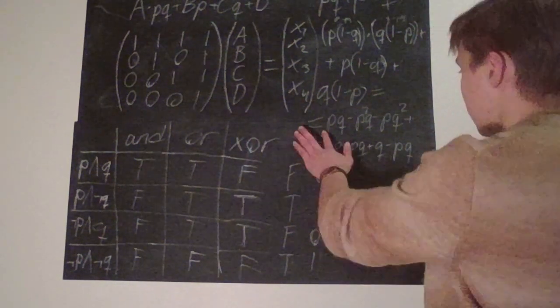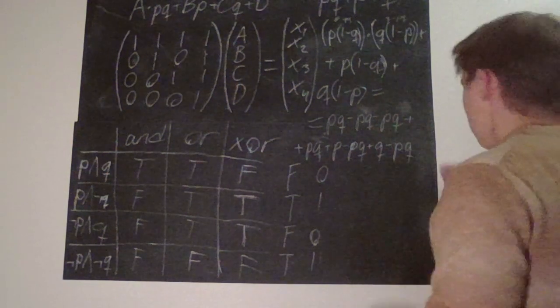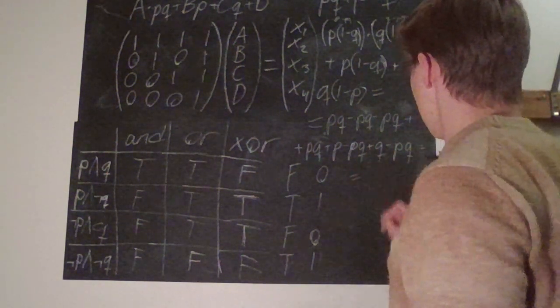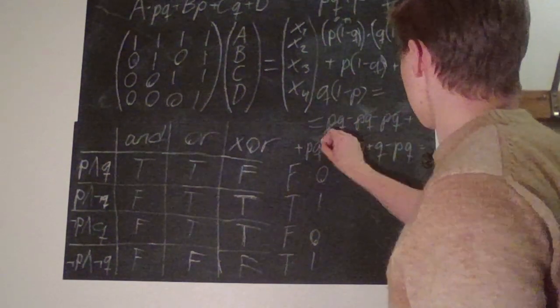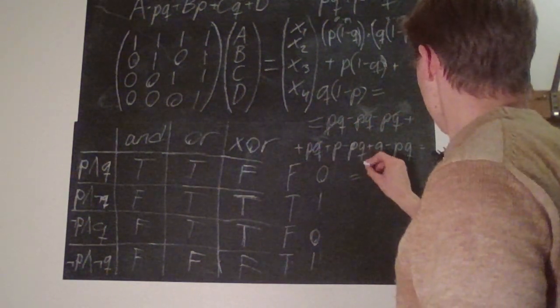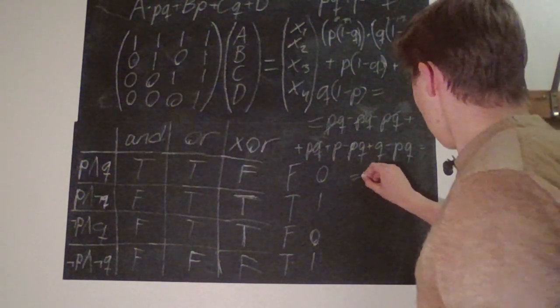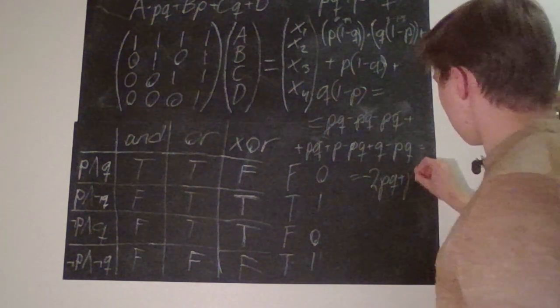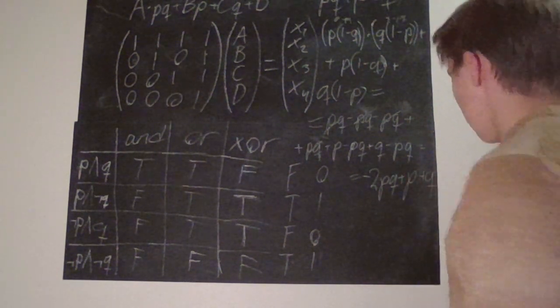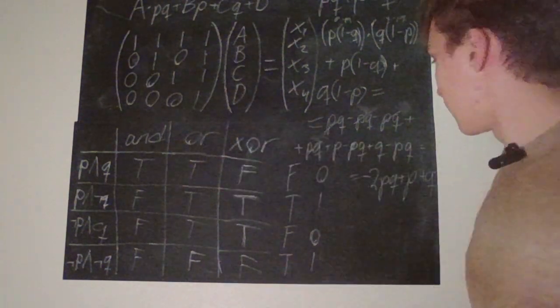Sorry, I'm getting a bit messy here, but I think you'll manage. And as we know from before, we can just erase all the exponents. They don't make any difference. So we get that cancel out, these two cancel out, and so here's the answer. We get minus 2pq plus p plus q. So that is the function we would get for our exclusive OR.